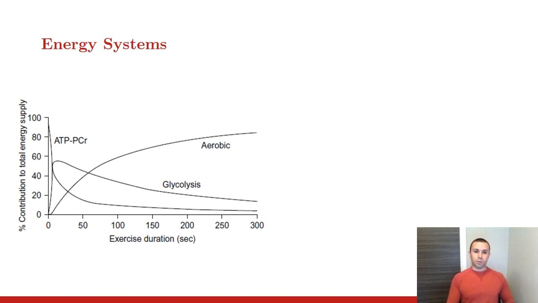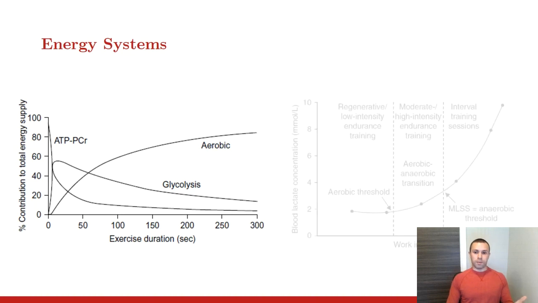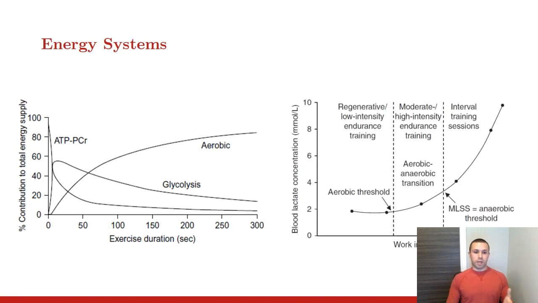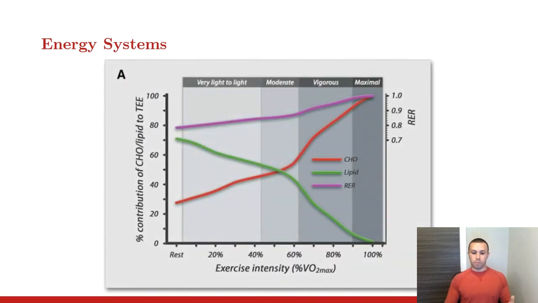But there's an issue with this image that we've seen time and time again. It just doesn't take into account effort, right? Our soccer player here is assumed to run for 300 seconds at an all-out pace, and then this is our contribution of total energy. But rather, I prefer this image here, where we see that to the right of this line, our vigorous and maximal efforts rely heavily on carbohydrates and far less on fats.